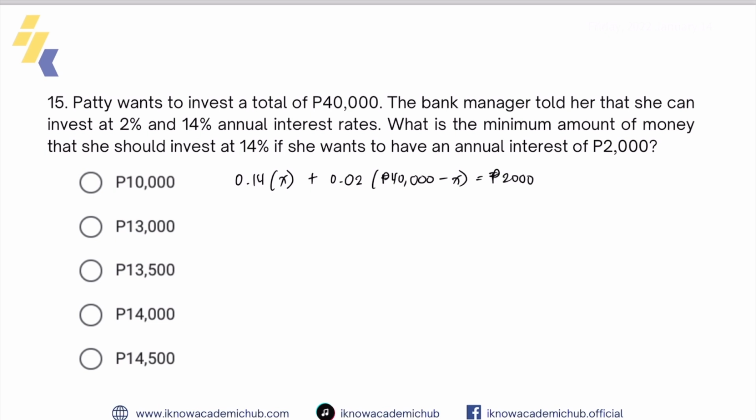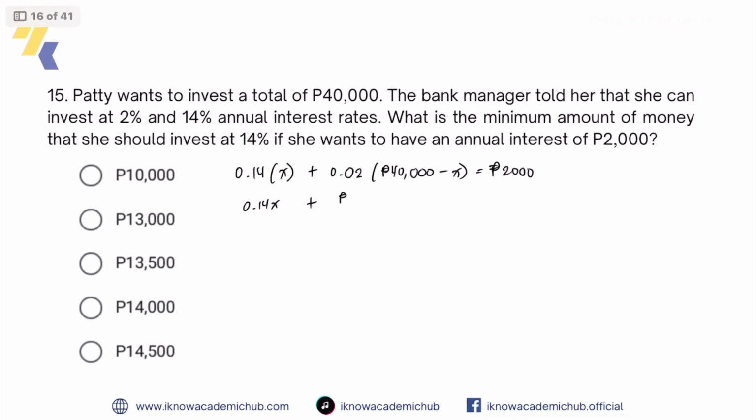Okay, so multiplying, we have 0.14x plus 0.02 times 40,000, that is 800 pesos, minus 0.02x equals 2,000 pesos. And manipulating the equation, we have 0.14x minus 0.02x, we have 2,000 pesos minus 800 pesos.